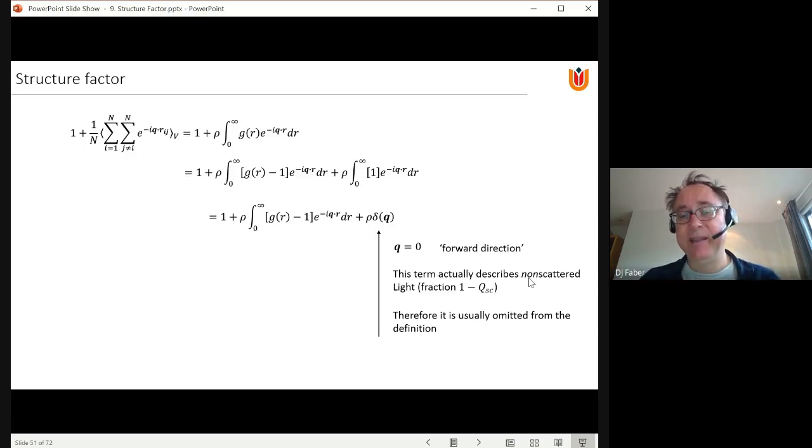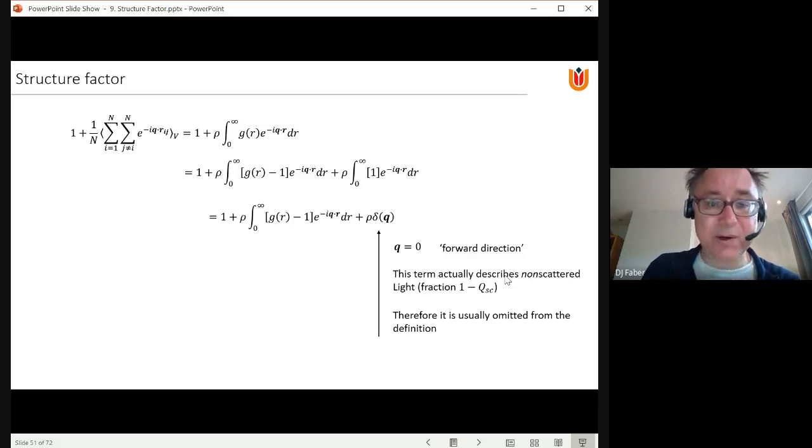That means that the portion q of the incident power would be scattered, and therefore a fraction 1 minus q will not be scattered, but will just pass through. This is the term that describes that. So no change in direction, but actually no interaction at all. Therefore, we usually just omit it from the definition because we are only interested in the scattered light. So that delta term will be gone and ignored.